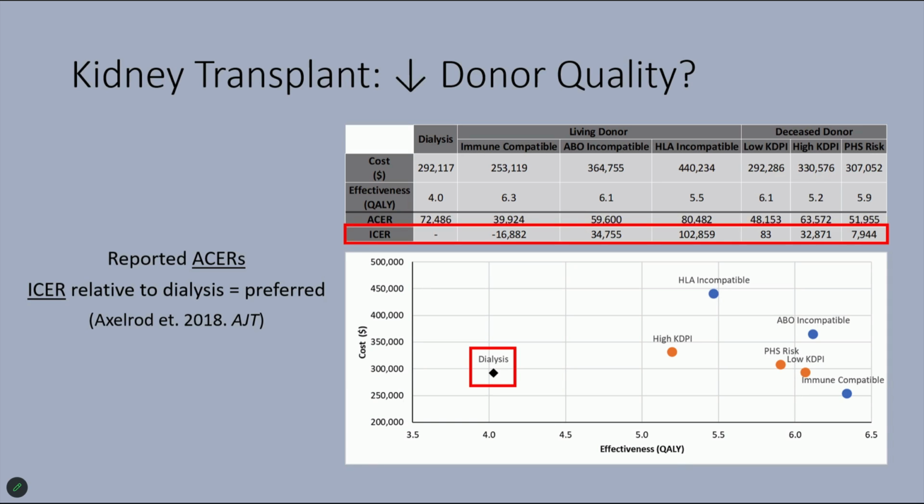Aside from HLA incompatible patients, donors are largely cost effective, even when they're lower in quality. And we can see how the ICERs further strengthen the conclusion when they've been properly recalculated. This illustrates how this is a common misstep, even in reputable journals.